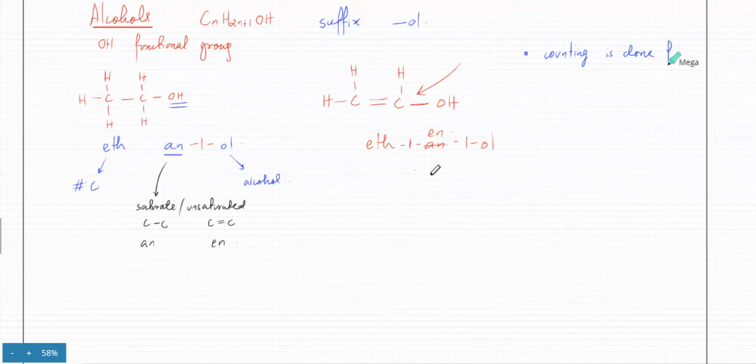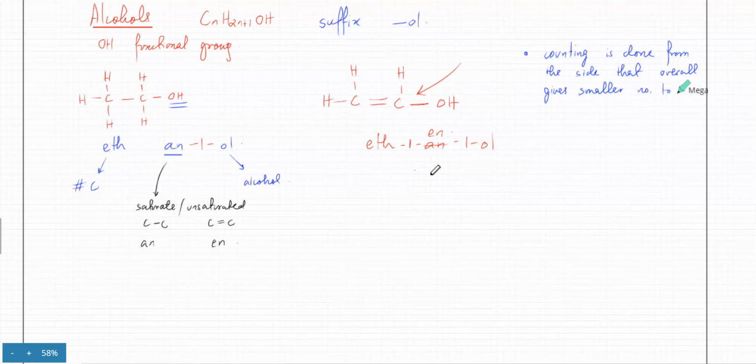Counting is done from the side that overall gives smaller numbers to the groups. We'll talk about this in more detail later.